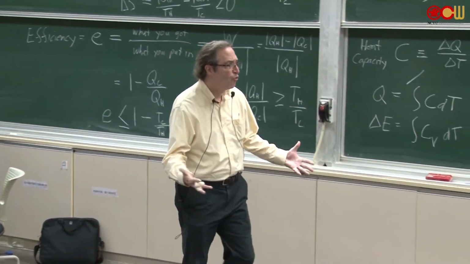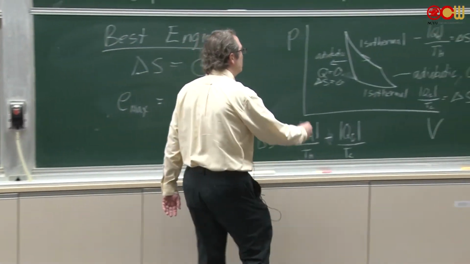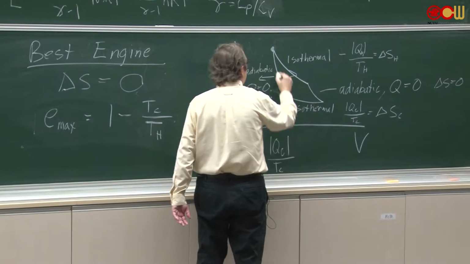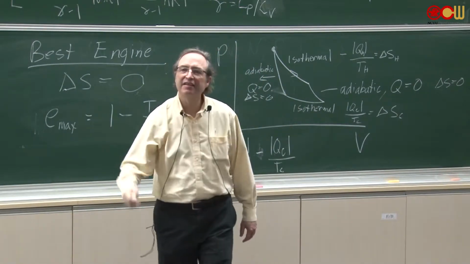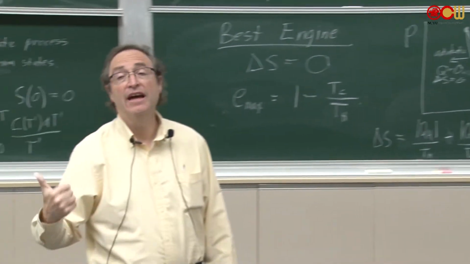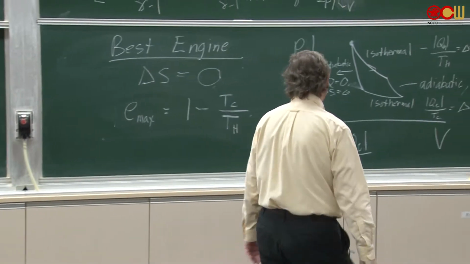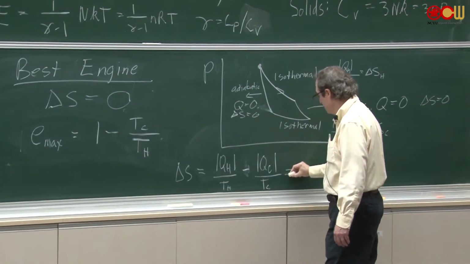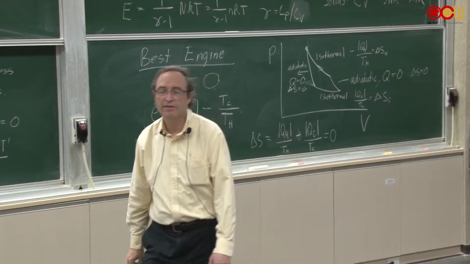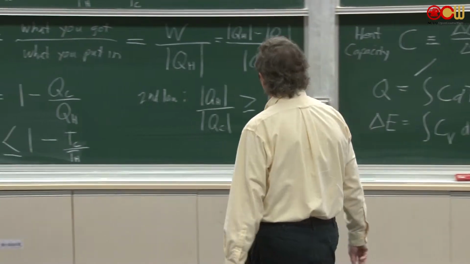Since we go through and come back to the original situation, so we go here, here, here, here, we come back to the original state. That means that delta S is 0. Okay? So we get 0 here. And then we get the maximum efficiency. Okay? So that's how it works.